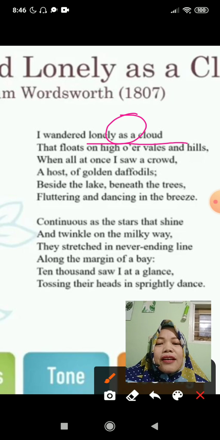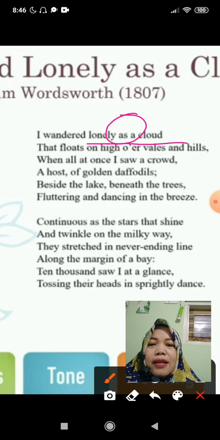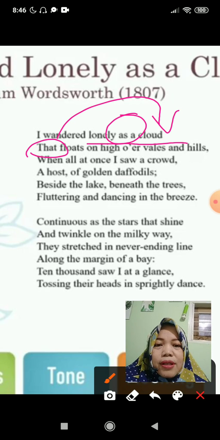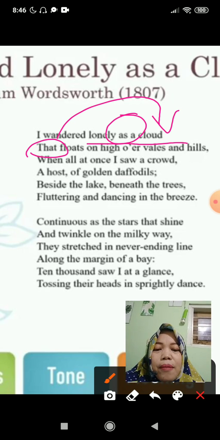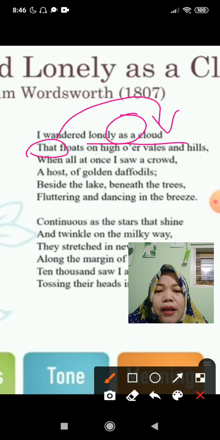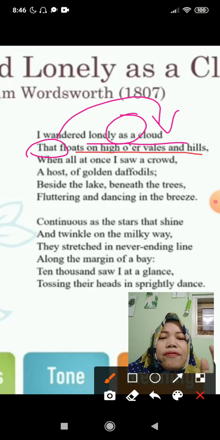And then for the second one, that floats on high or vales and hills. That floats. That-nya berarti siapa? Kita harus tahu dulu that-nya siapa. That-nya itu adalah the cloud. Nah, kalau udah tahu that-nya adalah the cloud, maka kita juga tahu bahwa di sini cloud-nya floats on high and vales.